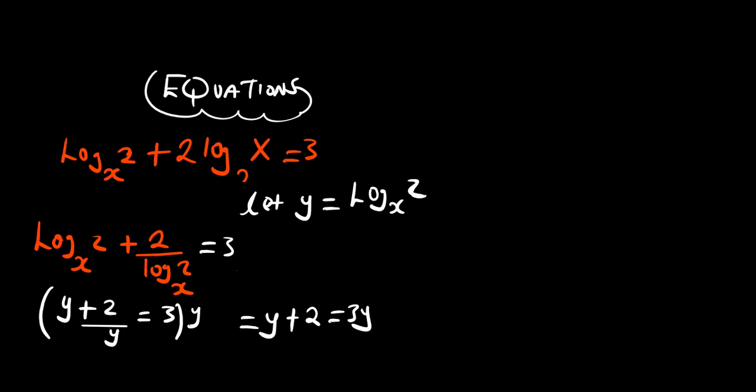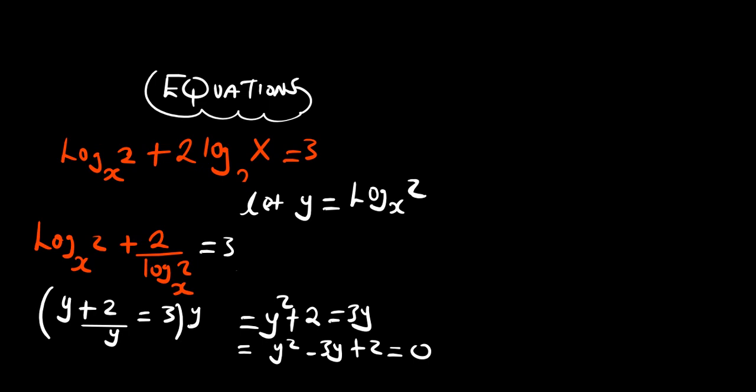Okay, so actually this one, y multiplied by y, you know that's y squared, so I forgot to put a square here. If I write it in standard form, I'm going to have y squared. When the 3y comes to the other side, it becomes negative 3y plus 2 is equal to 0. Okay, so this is the equation that we have.